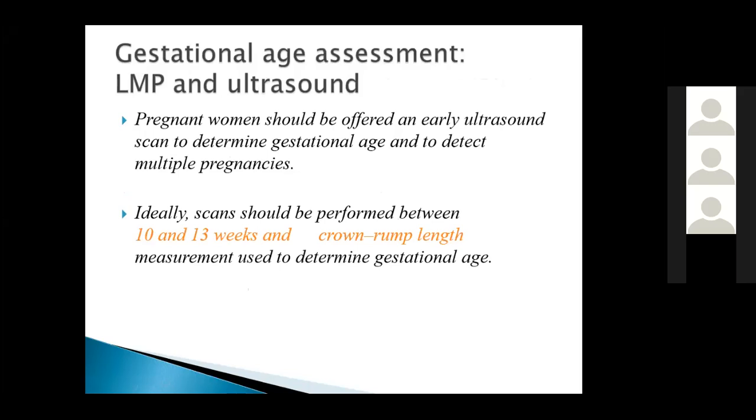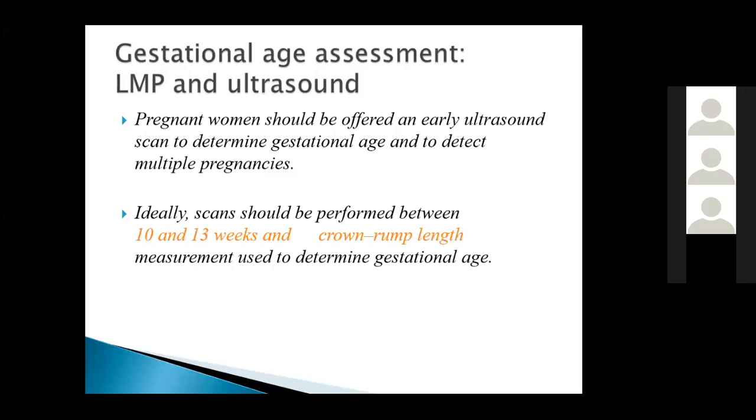Even from the start, sometimes we call the patient every week or every 2 weeks. How do we calculate the last menstrual period of the patient? On the basis of this, we calculate the gestational age. You know very well there are two ways: number one, with the help of the LMP, and the other is ultrasound.